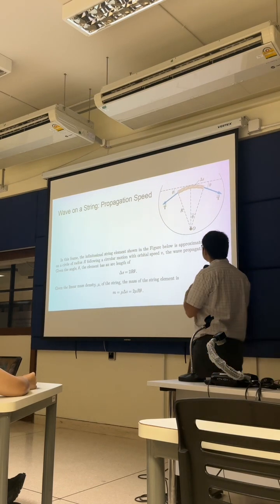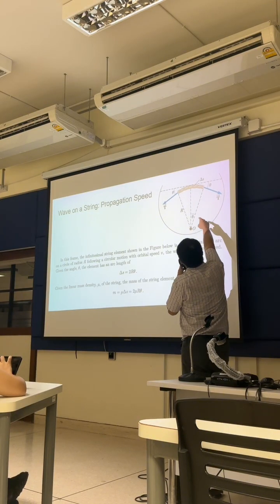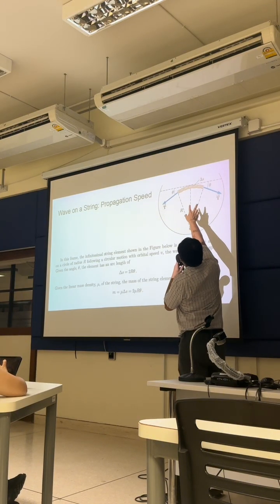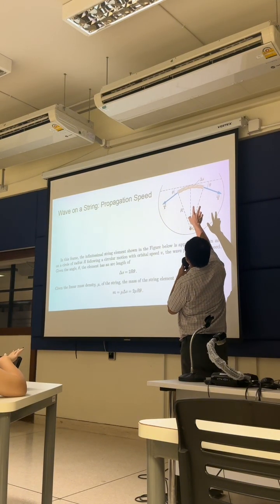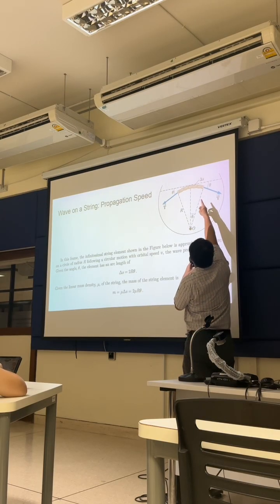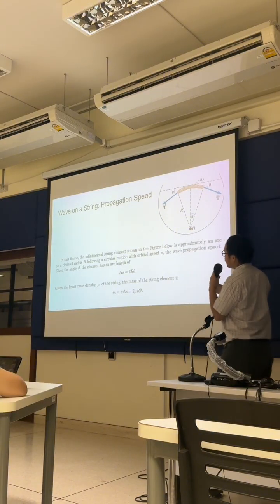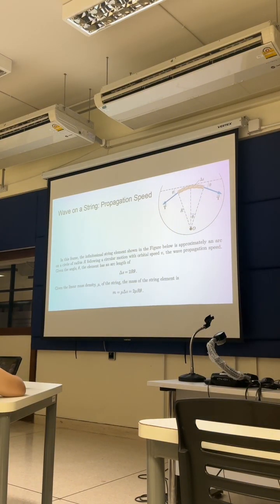And as a result, it is making an angle theta, which corresponds to the half length of the string element, but it also corresponds to the angle between each end of the string and the horizontal direction, like the diagram shows.